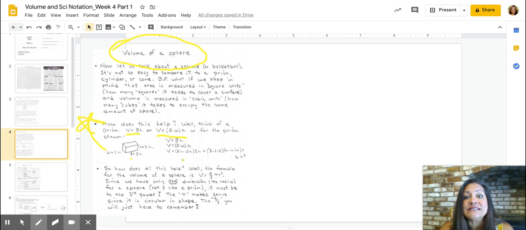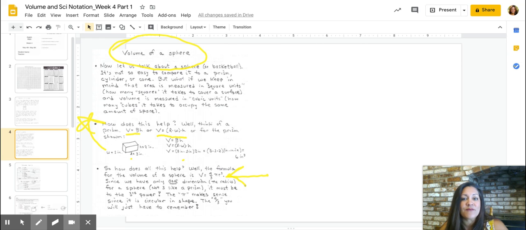So how does this help? Well, the formula for the volume of a sphere is volume equals, here it is, 4/3 pi r cubed. So remember, we have that cubed always for volume. That lets us know it's a volume.